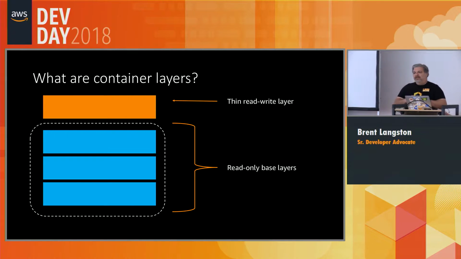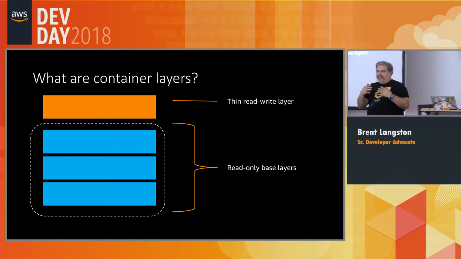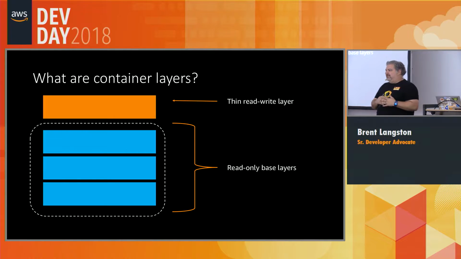So what are layers? A Dockerfile builds an image, but it's not a flat image. It's actually an image of layers. And knowing how the layers work can help you start to understand what is the right direction when I'm building my Dockerfile.